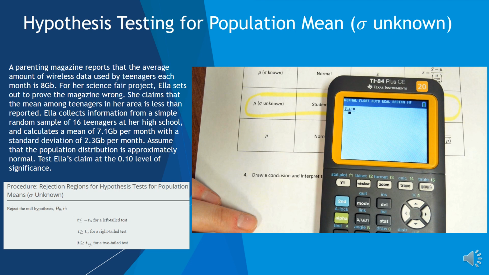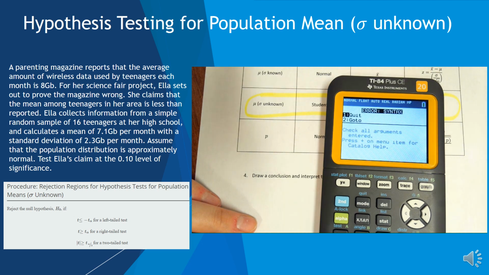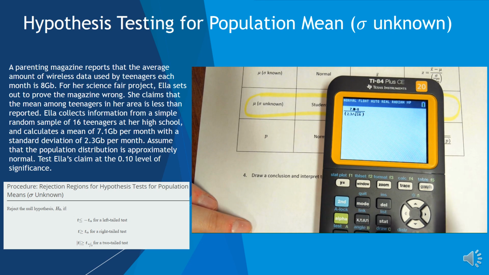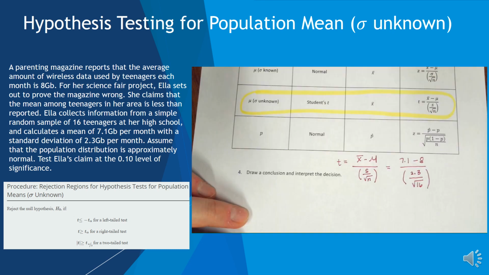The denominator is 2.3 divided by the square root of 16. Notice that I used the arrow to get out of the radical in the denominator. Then hit equals. Oh, I have an error somewhere. I had two decimal points. Let me delete one of those decimal points, and there we go. Negative 1.57.